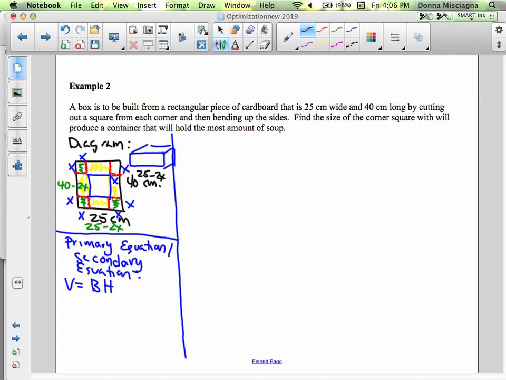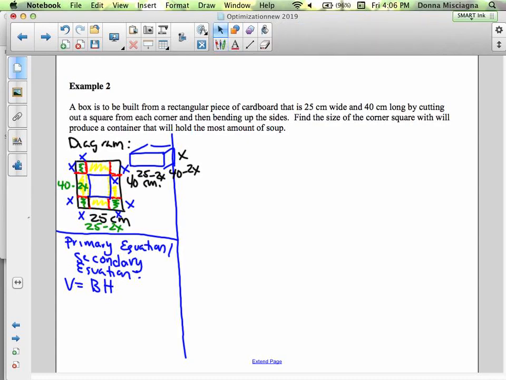The sides would be the 40 minus 2X. But what about the height? When you pull up those flaps, they are going to be equal to that dimension there, and that gives you your height. So your height is X. The two-dimensional helps you set it up properly, and the three-dimensional helps it make sense.